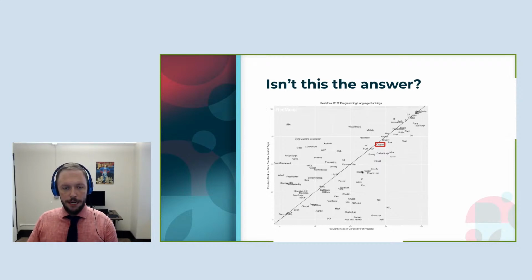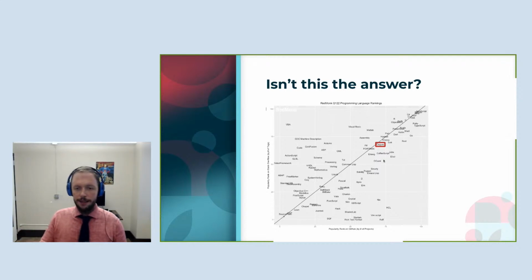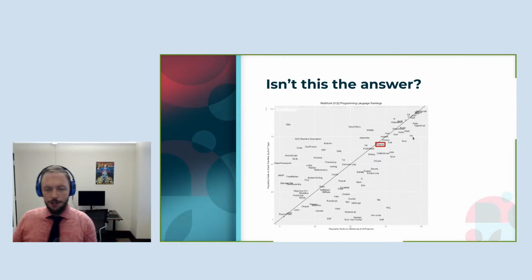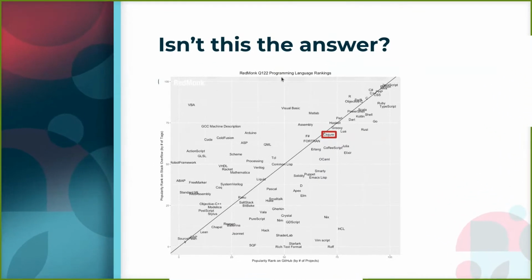Okay, to frame all of this, when you're starting a company, you might just think, well, you should use what other people have used. These are the RedMonk language rankings, and towards the top you can see the familiar suspects: JavaScript, Python, Java.